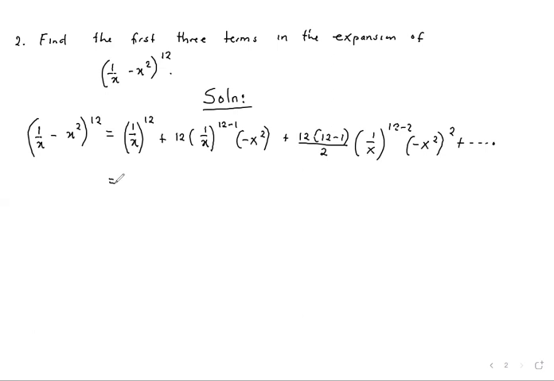so that we get 1 over x power 12 plus 12 over x power 11, on top there's a negative x squared, plus 12 times 11 over 2, and then we have x power 4 over x power 10.